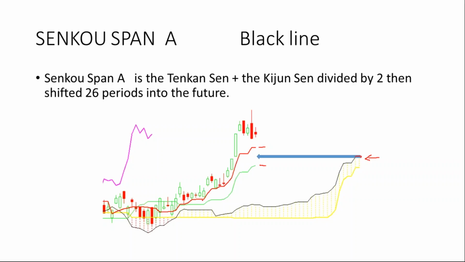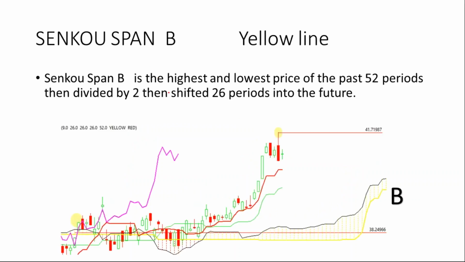So as this moves up through here, the halfway line, the Senkou Span A is calculated out and moves up with it. Now, the Senkou Span B line is the highest and lowest price over the past 52 periods, so quite a long time back. It's also twice the 26 period Kijun Sen, I should say.